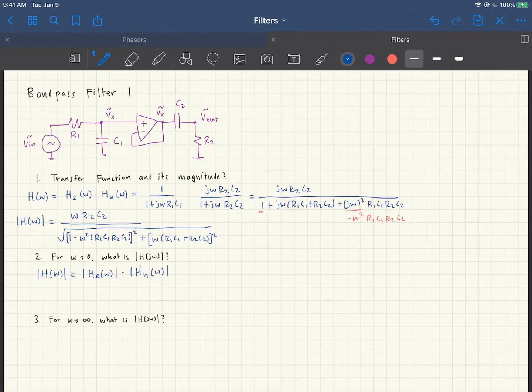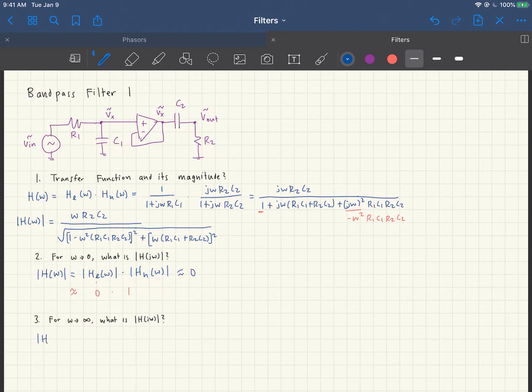If omega is close to 0, then the magnitude of the low pass is approximately 1, and the magnitude of the high pass will be approximately 0. And the end result will be approximately 0.